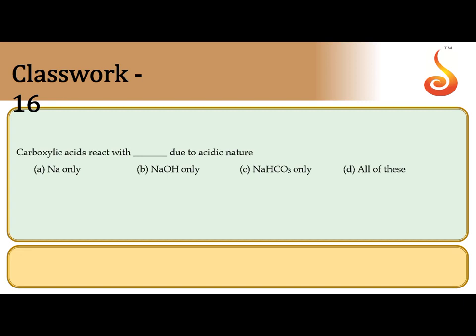Carboxylic acids react with dash due to acidic nature. Since they are acidic in nature, they are strongly acidic. After losing H plus, the carboxylic acid becomes a stable carboxylate conjugate base, stable due to conjugation. So carboxylic acid is a stronger acid.